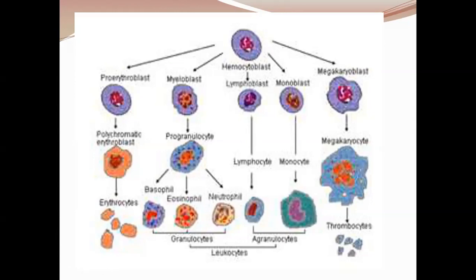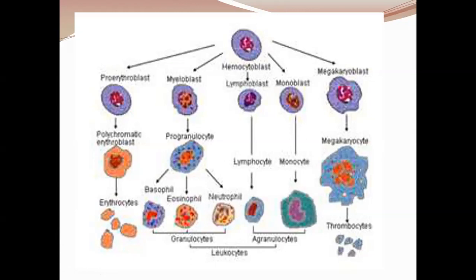And apart from that, the lymphoblast results in the development of lymphocyte, and from hemocytoblast another cell, the monoblast, leads to the formation of monocyte. And these lymphocytes and monocytes are agranulocytes. So the granulocytes are the basophils, eosinophils, neutrophils.